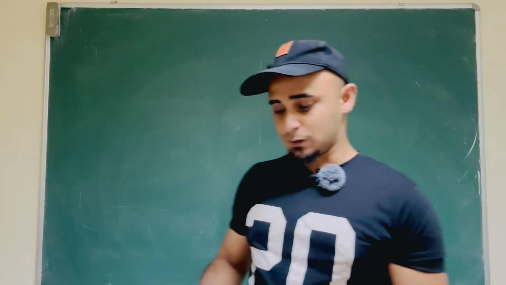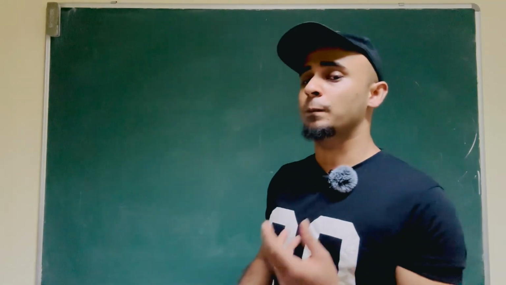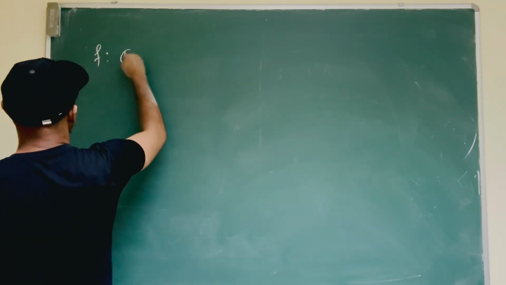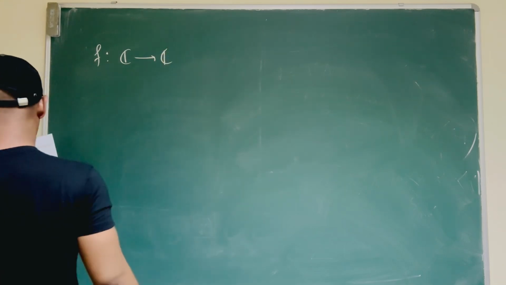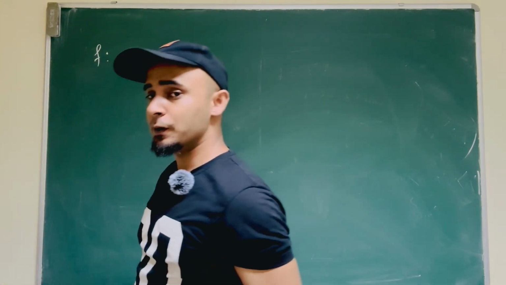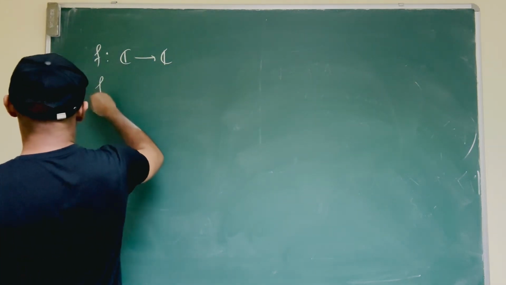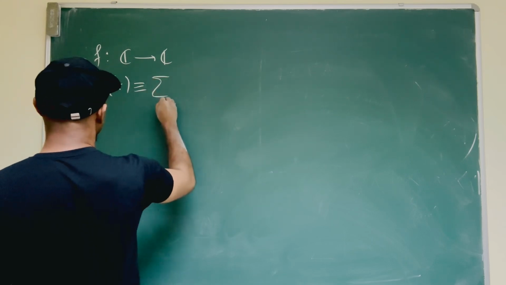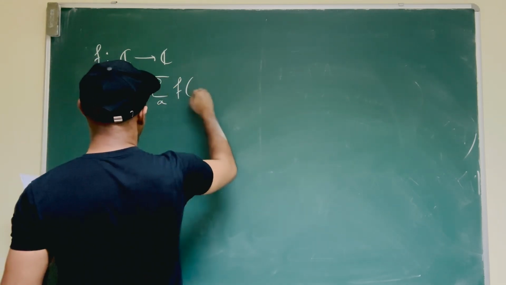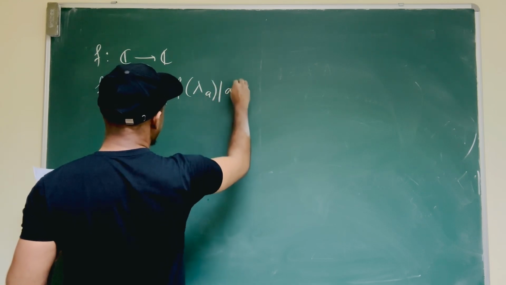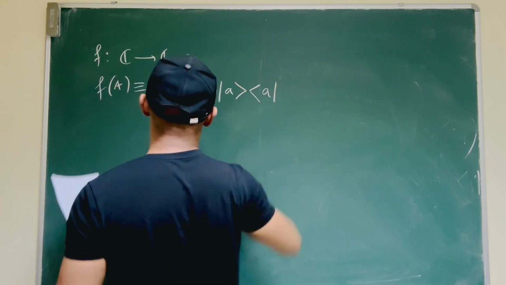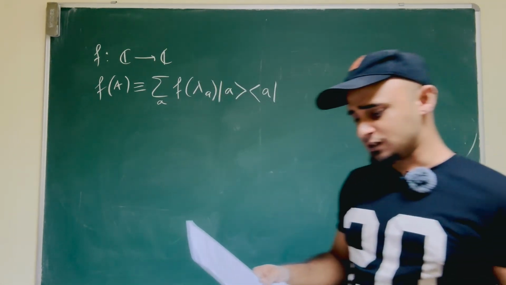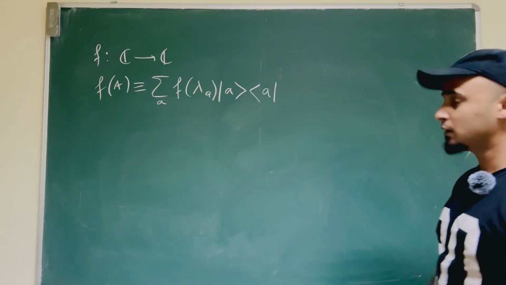If we have a function that takes a complex number and gives me a complex number, let's say a function defined from C to C, we can extend it to the case of normal operators by defining f of A, where A is a normal operator. Using the spectral decomposition theorem, we can just define this. So you can notice that this function operates only on the eigenvalues.